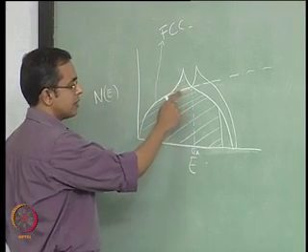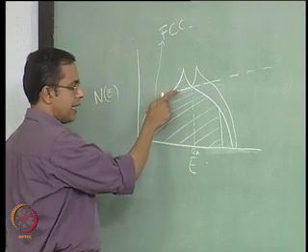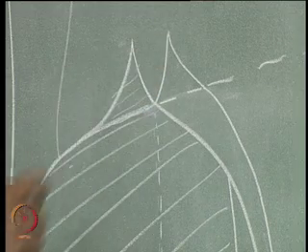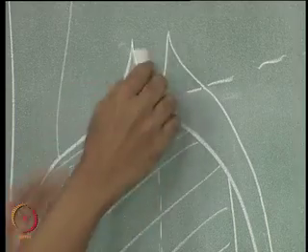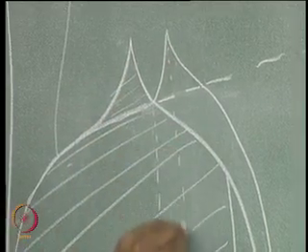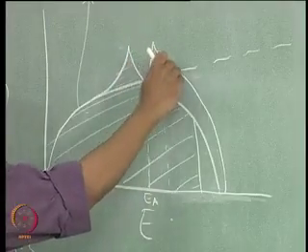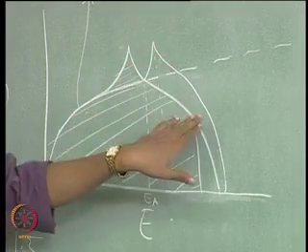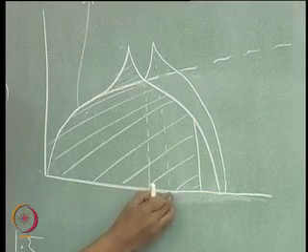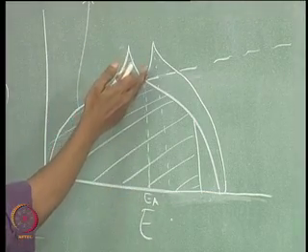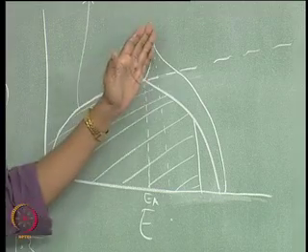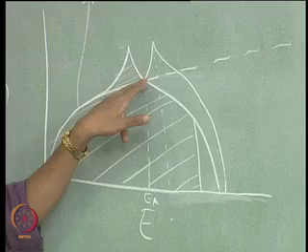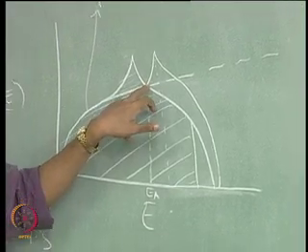For the BCC structure, on the other hand, again it follows the free electron parabola up to some point and distorts and then continues to climb. So you find that there is a small region of energies. After that, even the BCC structure has its density of available states beginning to drop, right, but there is a small range of energies where the density of available states for the BCC structure is continuing to climb, whereas in that same range the density of available states for the FCC structure is decreasing.